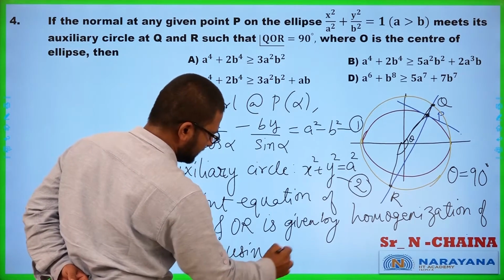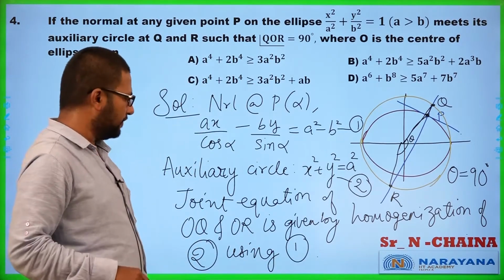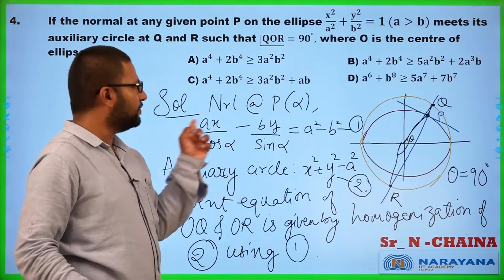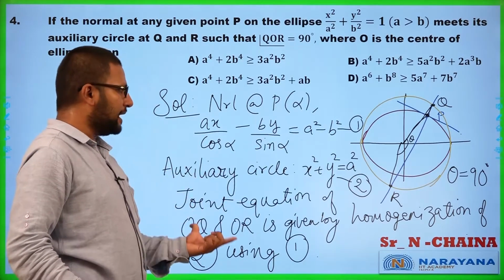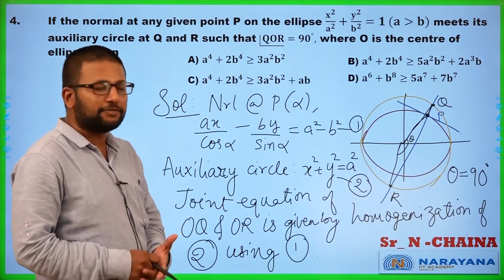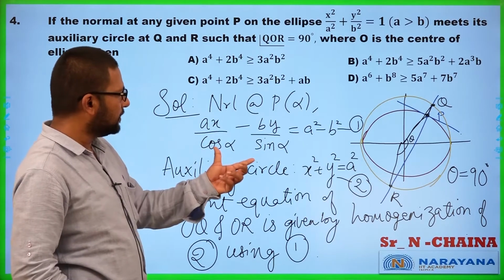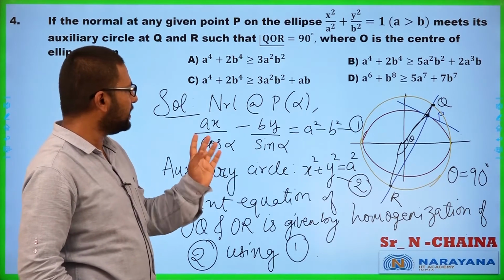This statement is extremely important for your understanding. We are going to homogenize the circle with the equation of normal, and what we get after homogenization is a pair of straight lines. Which pair of straight lines? OQ and OR. Alright, okay, so x square plus y square equal to a square and this.